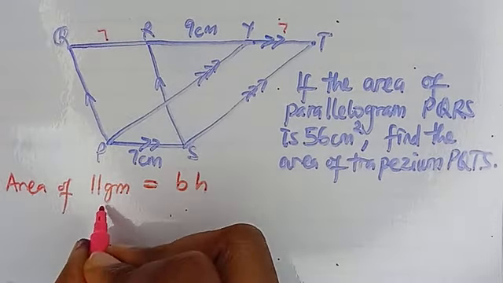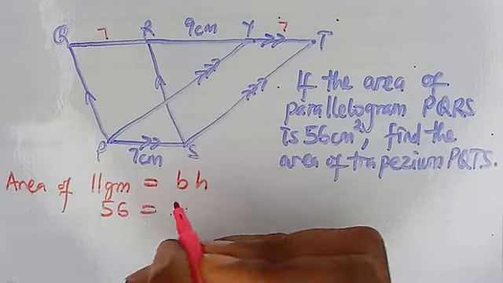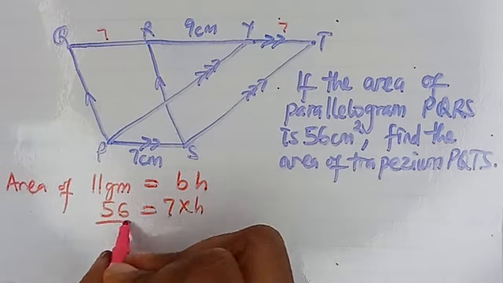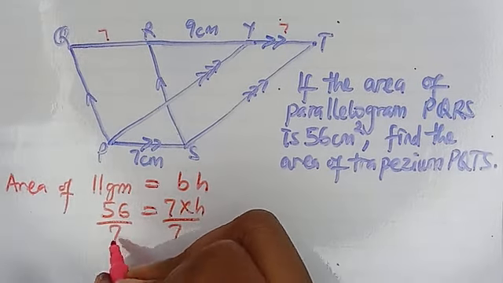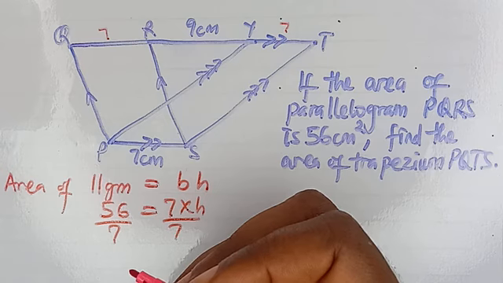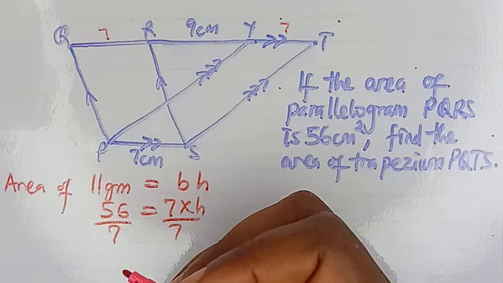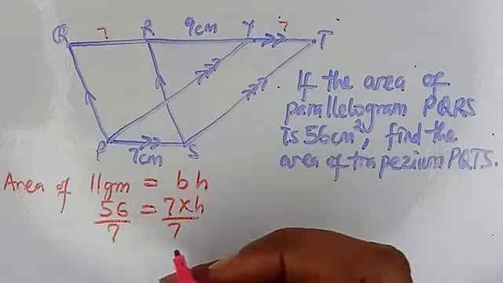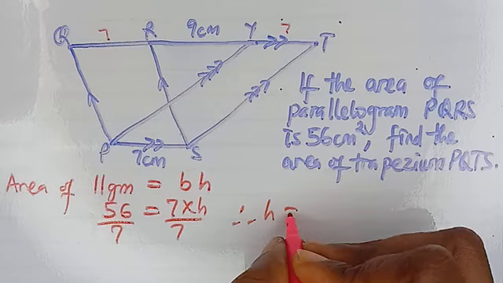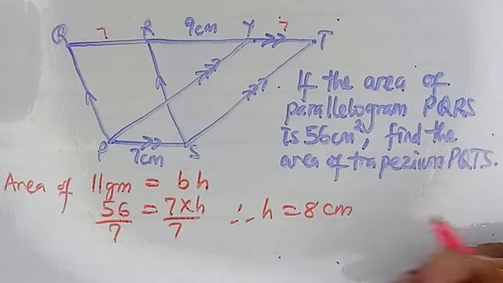The given area is 56 cm squared and the base is 7 times height, which we are looking for. We divide both sides by 7, and we have 8. We have that height is equal to 8 cm.